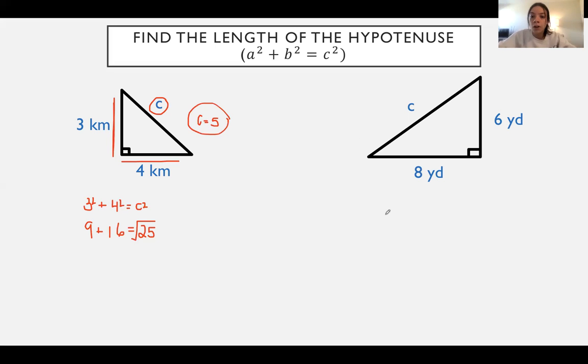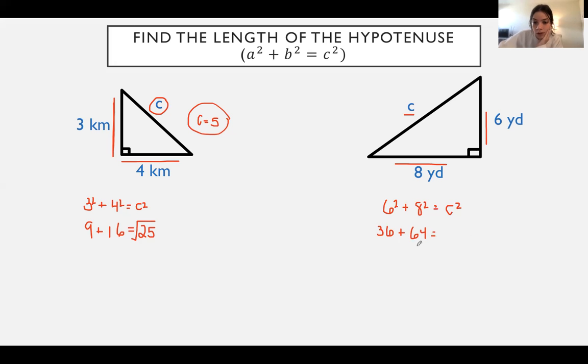Then here we have leg length 8 and leg length 6, and we're trying to find c. So we're going to do 6 squared plus 8 squared equals c squared. 6 squared is 36, plus 8 squared, which is 64.